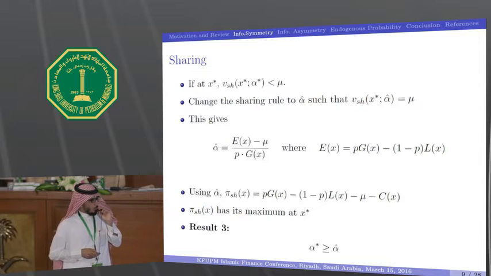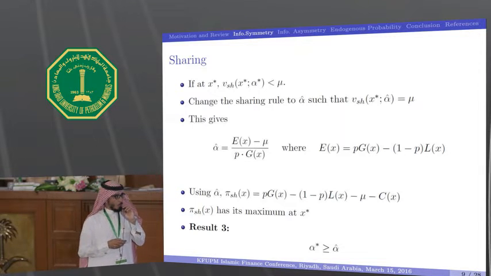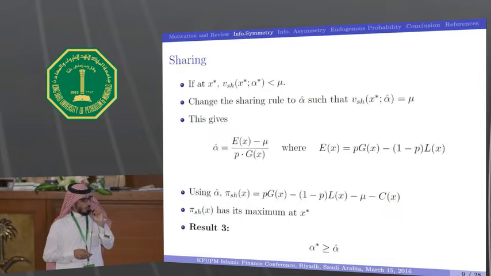We have also this result that the new sharing rule, if the financier constraint is binding, will be less than the sharing rule if the financier constraint is not binding.